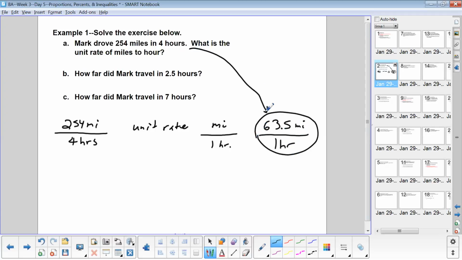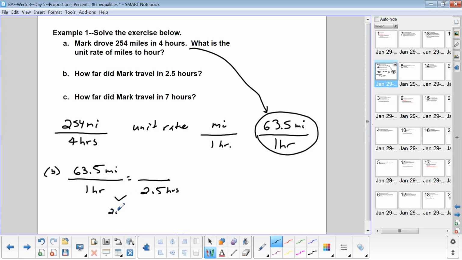What's the unit rate? Part B says, how far did Mark travel in 2.5 hours? There are different ways you could do this. You could use your unit rate, 63.5 miles per 1 hour, and figure out what that equals for 2.5 hours. So we've got a product.